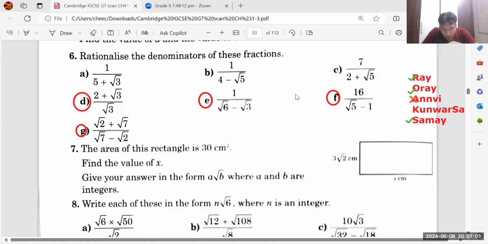Samev, we use round brackets. Okay, beta.